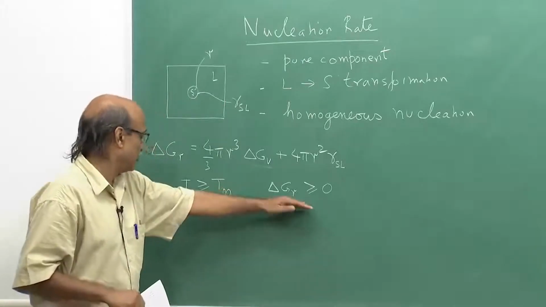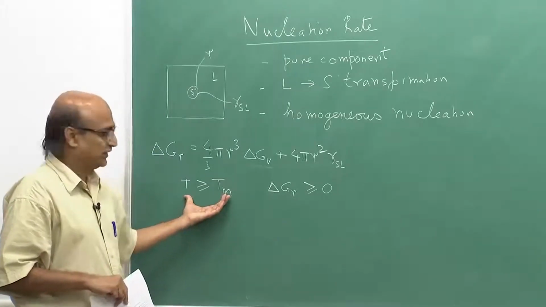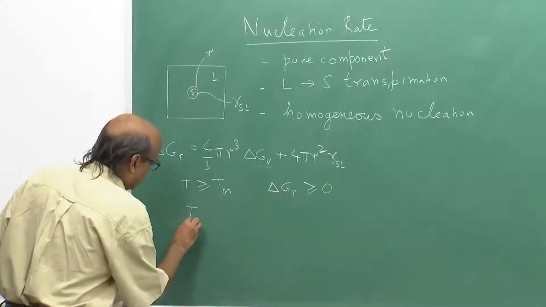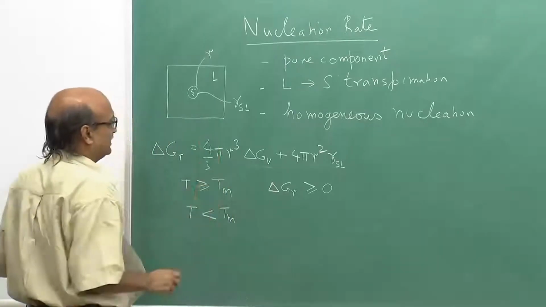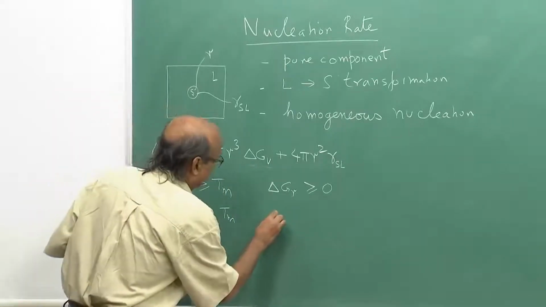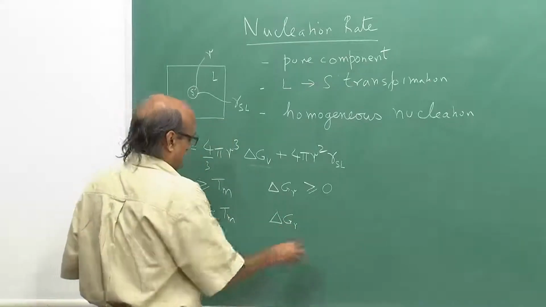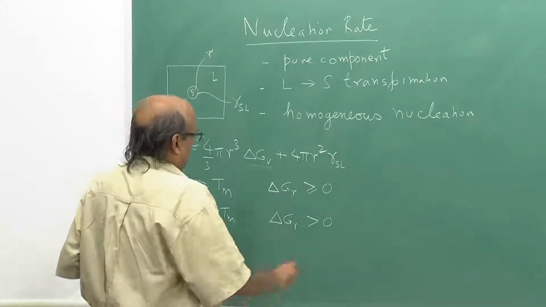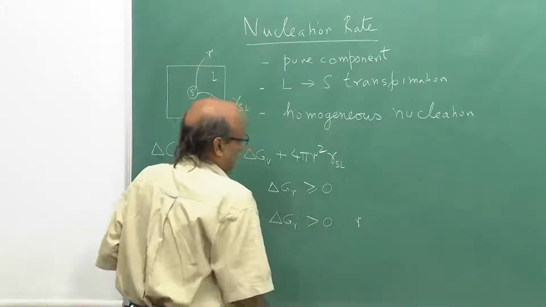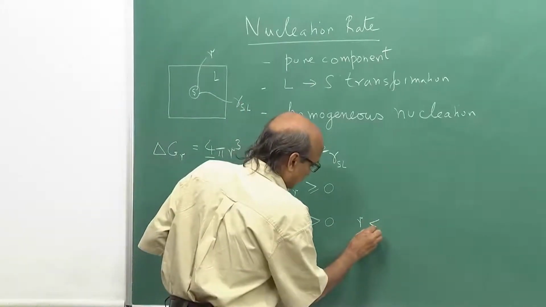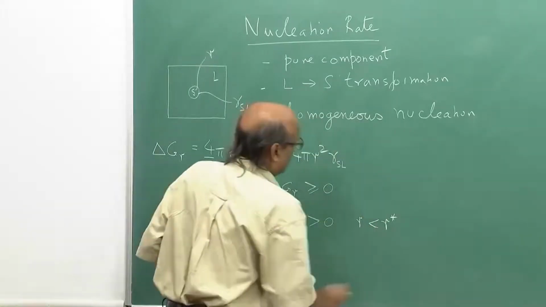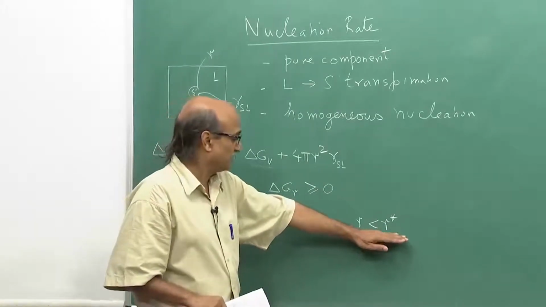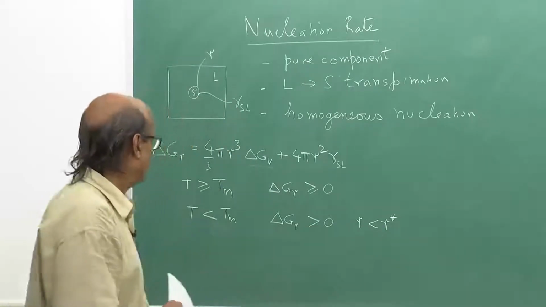In fact, it will be equal to 0 only when the temperature is equal to Tm, the transformation temperature, while for temperatures less than the transformation temperature, so T less than Tm, delta Gr would be greater than 0 for the size of the nucleus r less than R star. In fact, we are only interested in analyzing the formation of a nucleus up to the critical size of the nucleus R star.